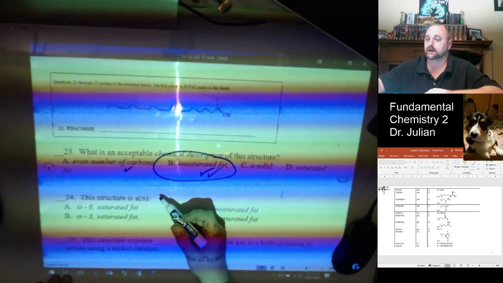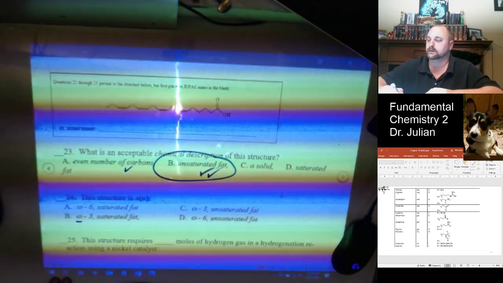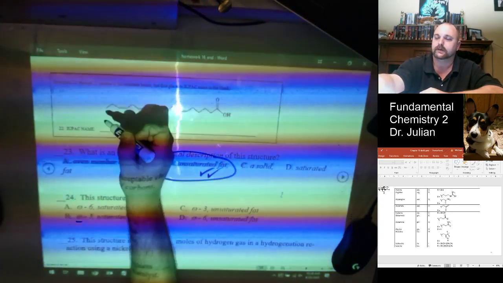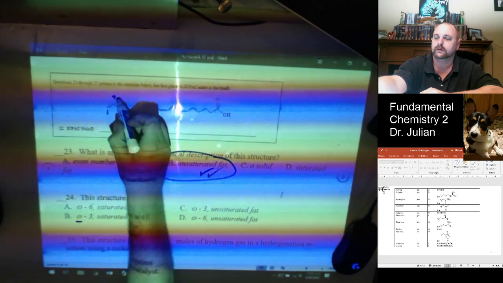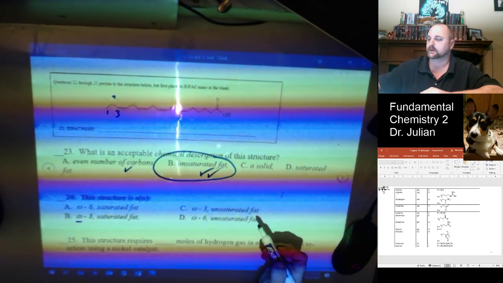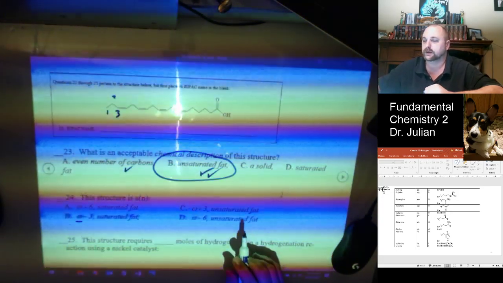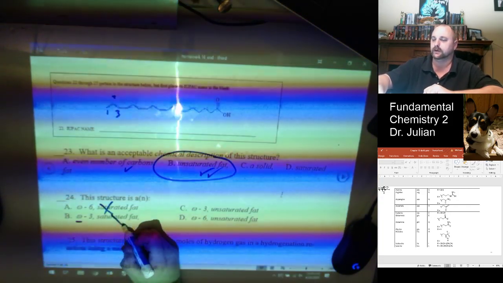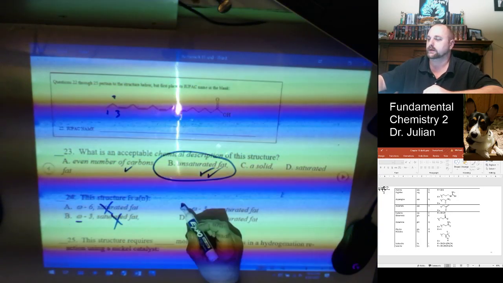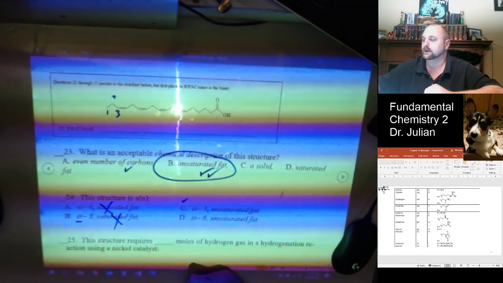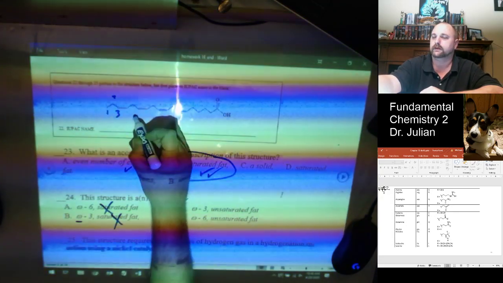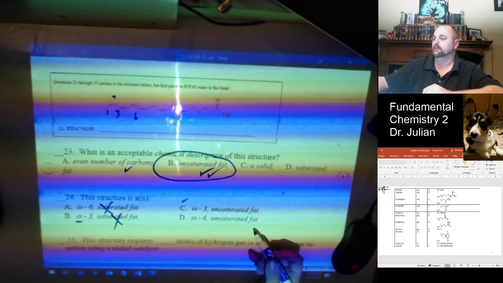So now here's this omega here. My omega starts at the end. So 1, 2, 3. So this is an omega 3. Wait a minute. Omega doesn't even go to saturated, so don't use those. And it is, in fact, an omega 3 unsaturated fat. Now, wait a minute. 4, 5, 6. Is it an omega 6?